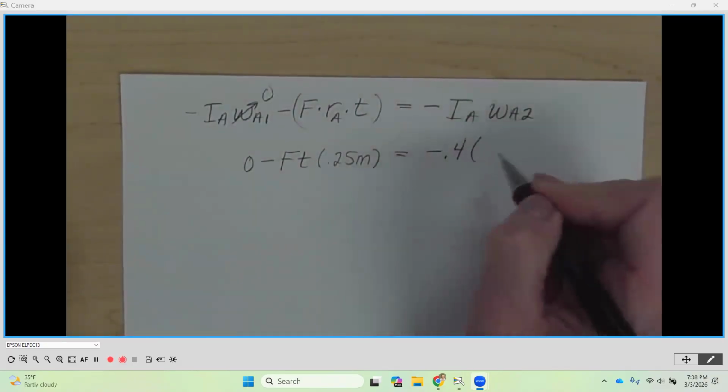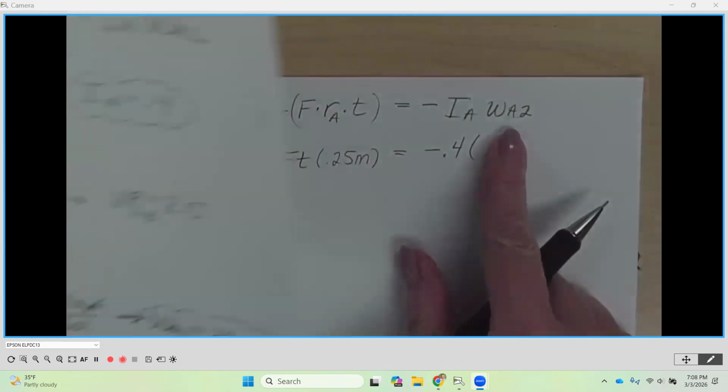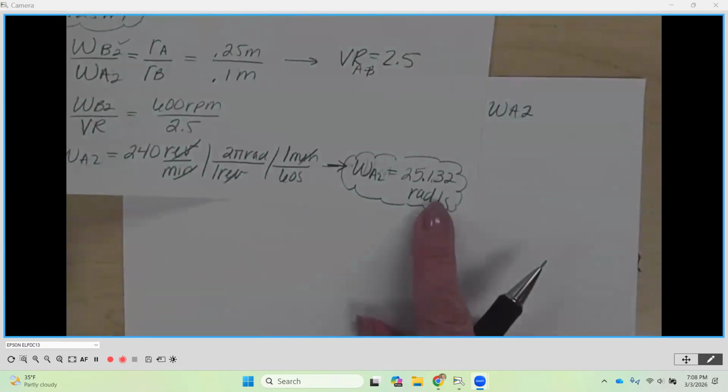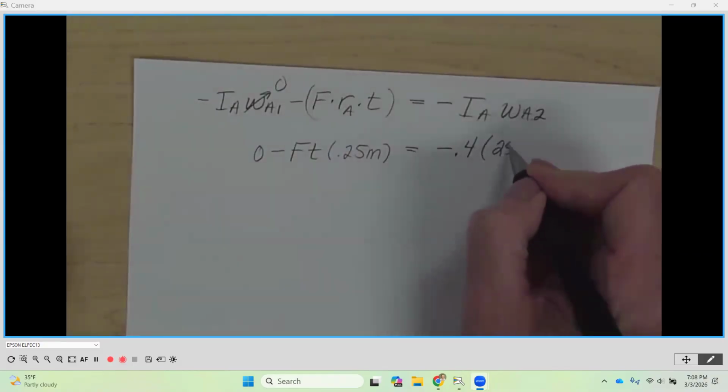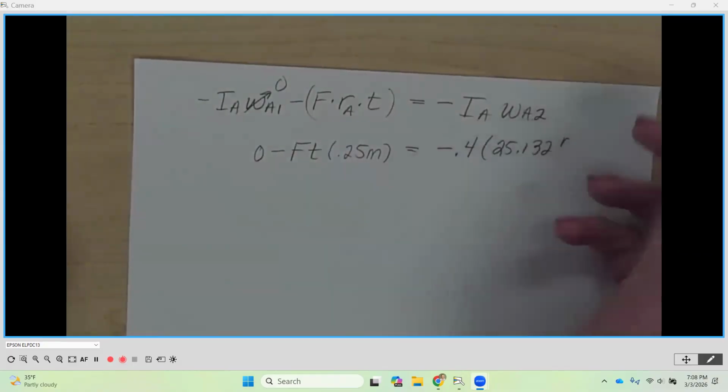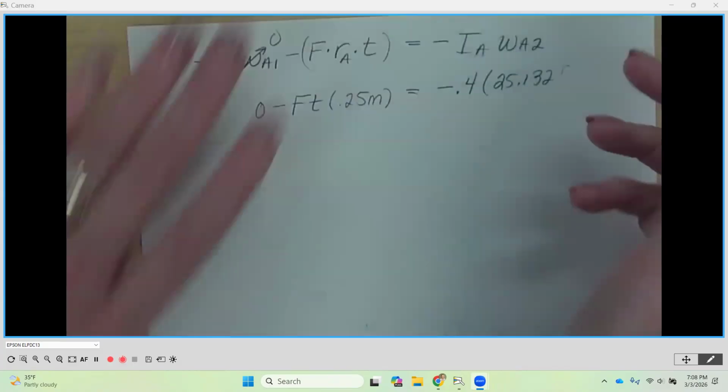So that's going to be 0.4 times WA2, which is 25.132. I'm not going to put the radians per second because we know it's in the right units.